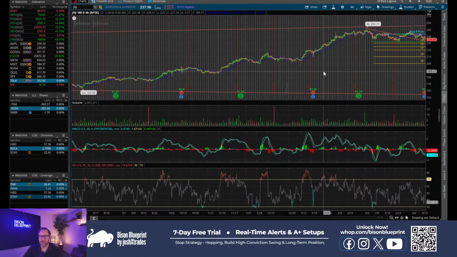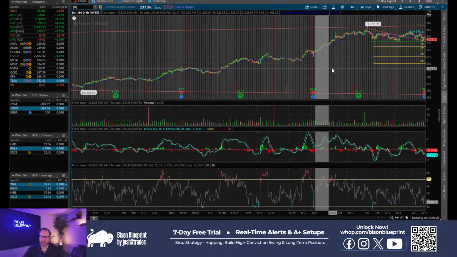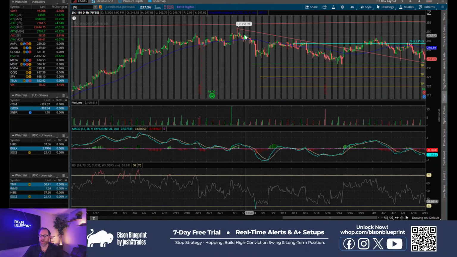But again, just another example of why technical analysis matters so much. Just because they beat and raise doesn't mean that the stock price is going to go up, which is a really hard thing for people to digest when they first get into investing. It's very counterintuitive, but really just showing a topping pattern here.